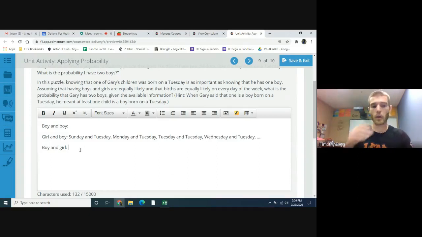For the scenario of boy, girl, again, we know the boy has to be born on Tuesday. So everybody okay if I just put T for Tuesday? So it could be Tuesday and Sunday. It could be Tuesday and Monday. Again, the boy has to be born on Tuesday, right? So the boy is stuck going with Tuesday. It could be Tuesday and another Tuesday, Tuesday for the boy and Tuesday for the girl.